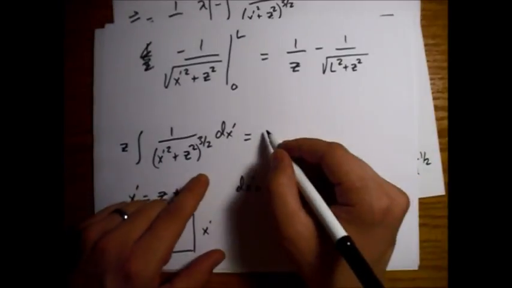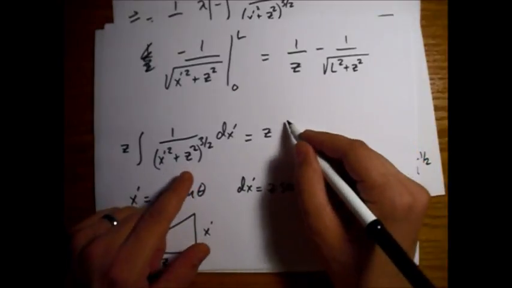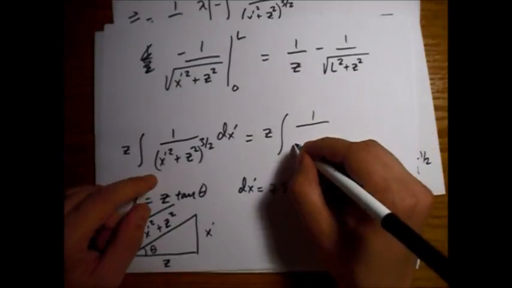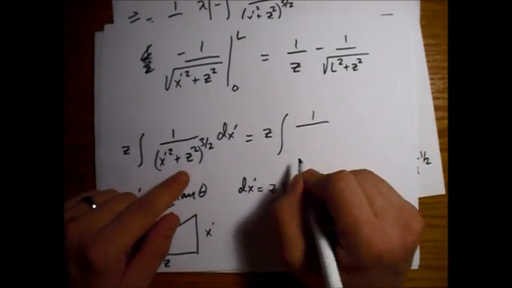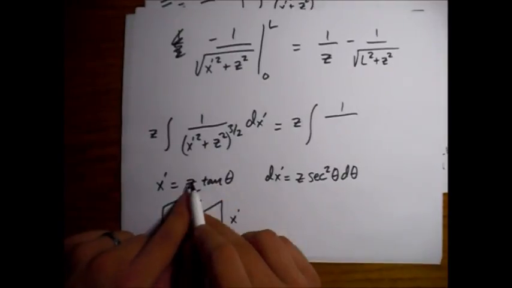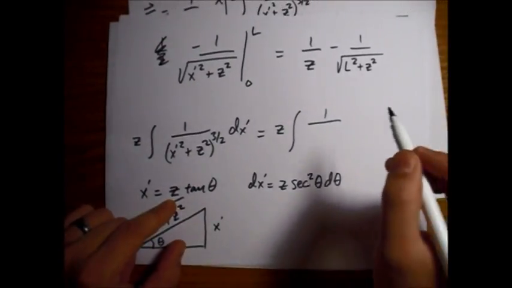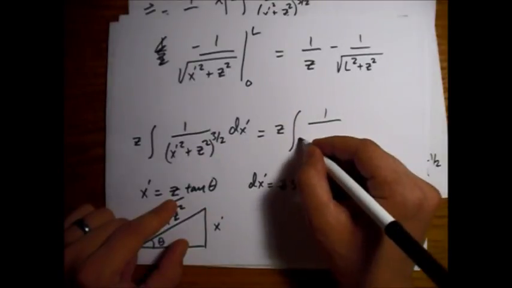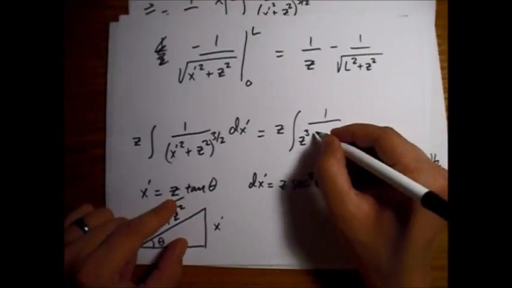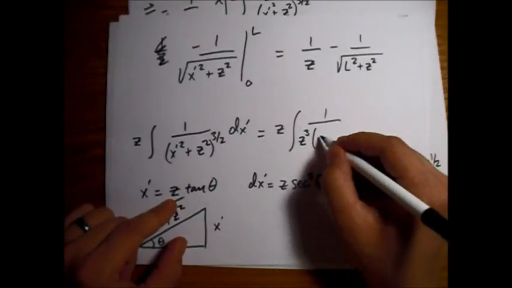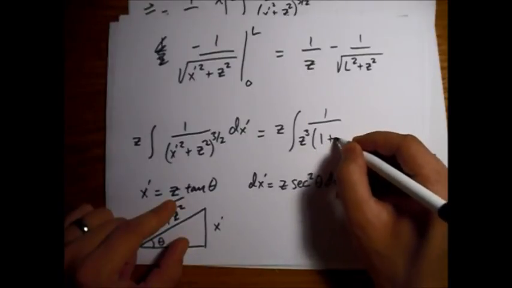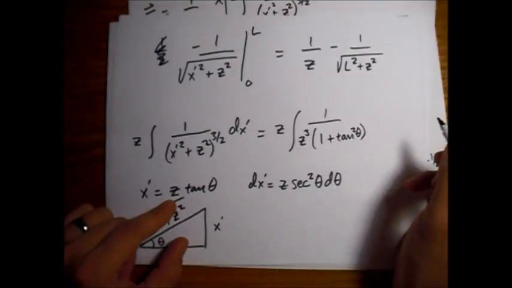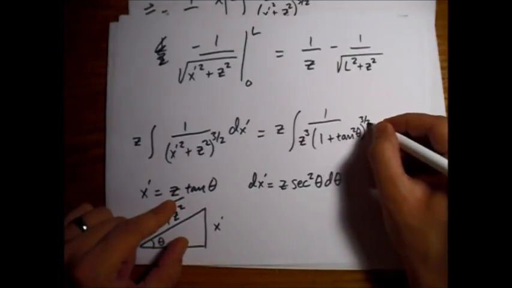All right, let's write this out a little bit more up here. 1 over, we will get a z squared tangent squared downstairs, and then with the 3/2 power that becomes a z cubed. So we have a z cubed downstairs, and then we have just a 1 plus tangent squared of theta, and that's to the 3/2 power.